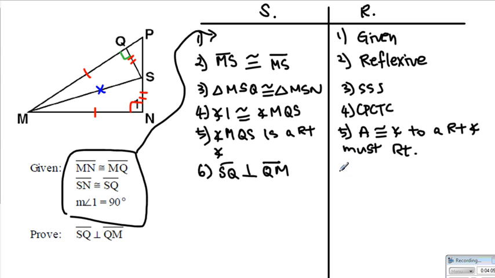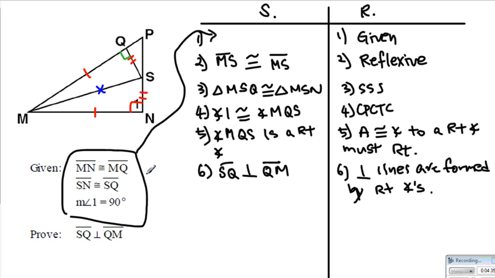And then the reasoning would have been simply perpendicular lines are formed by right angles. Alright, so that's it. That was number 1.